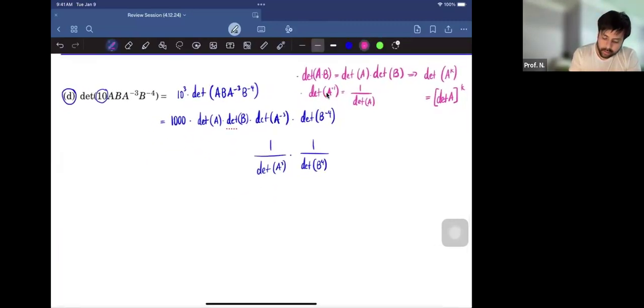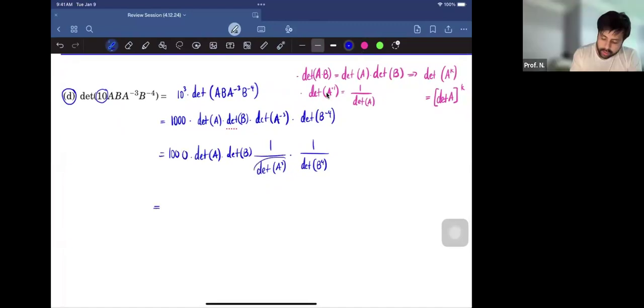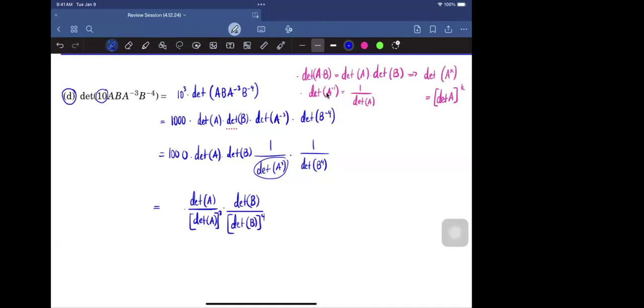So if that's the case, then we have the determinant of A times the determinant of B, right? So I have this 1,000 here. But then I can rewrite this now, and I'm going to rearrange this. So this is the determinant of A over the determinant of A cubed, times the determinant of B over the determinant of B to the 4th.